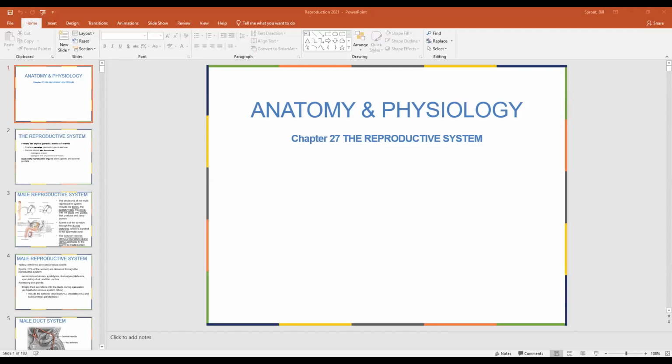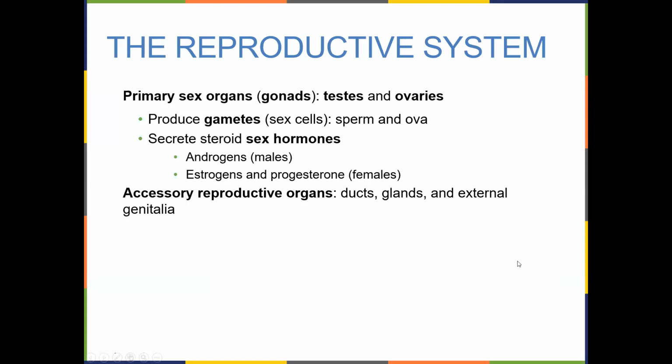So now reproduction. The human reproductive system is designed to produce sex cells, the gametes: the sperm cells, and the ova, the eggs. So the male produces the sperm cells, the female produces the egg cells.